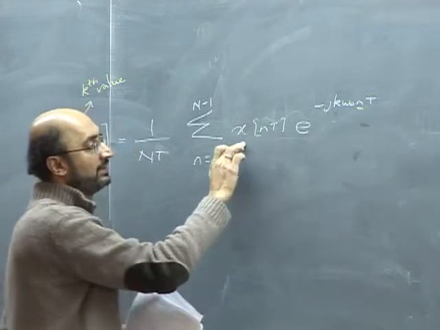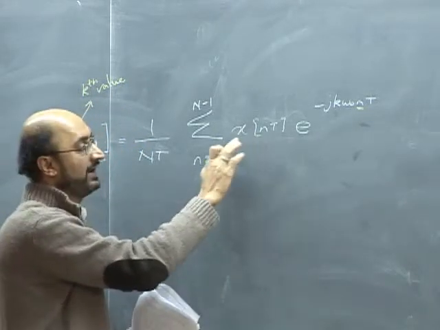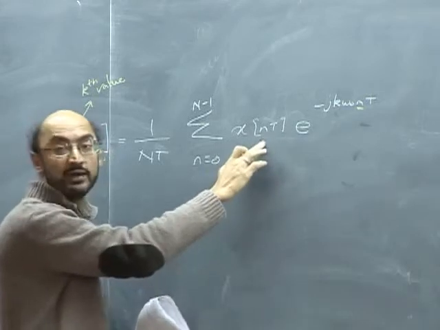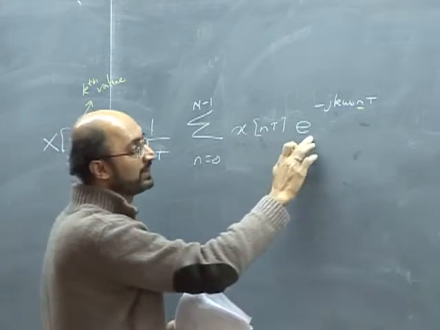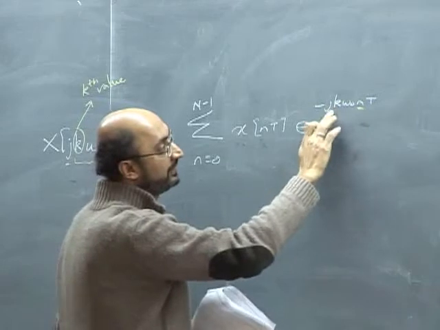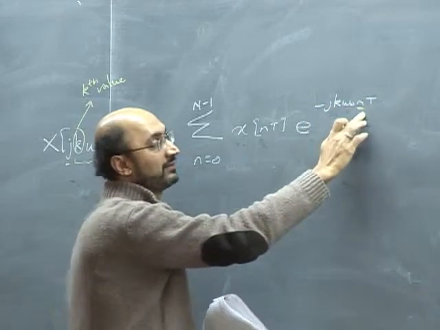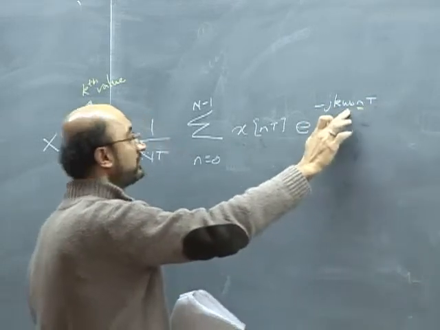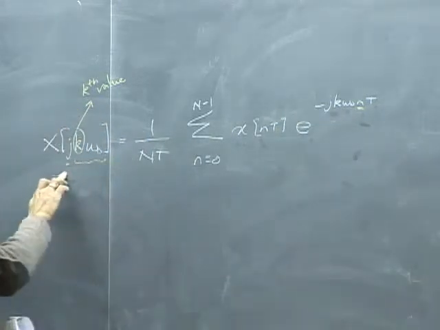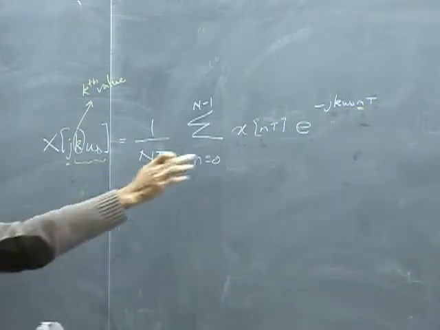Actually x[n] is corresponding to the nth value of x. So x[nT] is the nth, small nth value of x, and that's multiplied by e to the power j omega naught, that value of x[t], and then omega naught k of course corresponds to this k over here. That's the kth value of this. So k doesn't change, right?